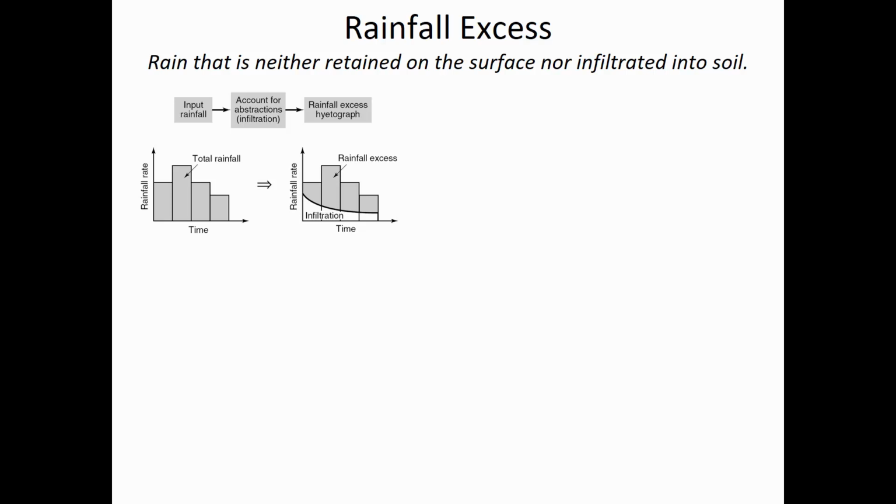Those voids, as they become closer to saturated, are going to be drawing the water down with less intensity. And so the infiltration rate is decreasing. Anything that's above the amount that was infiltrated is the rainfall excess. We could do a little mass balance, remembering that rainfall excess is rainfall minus infiltration.